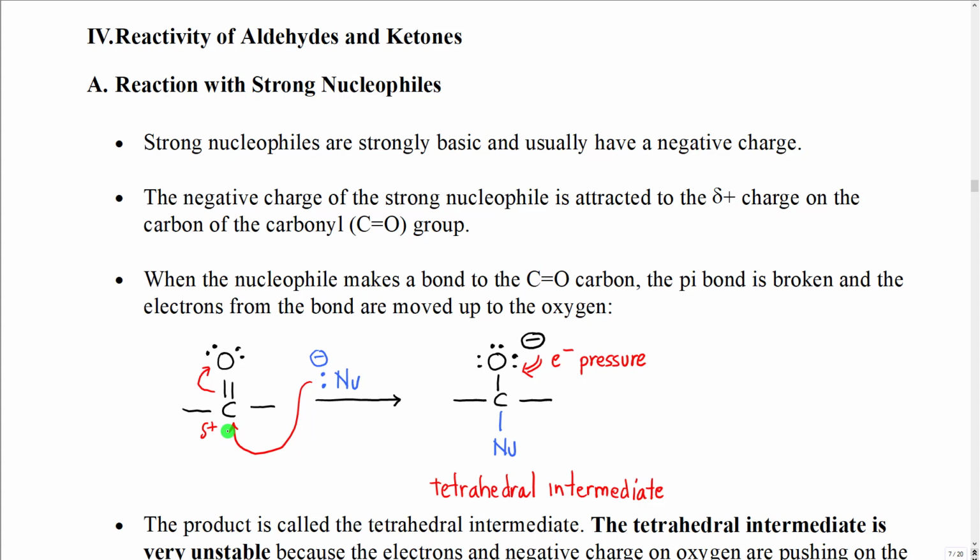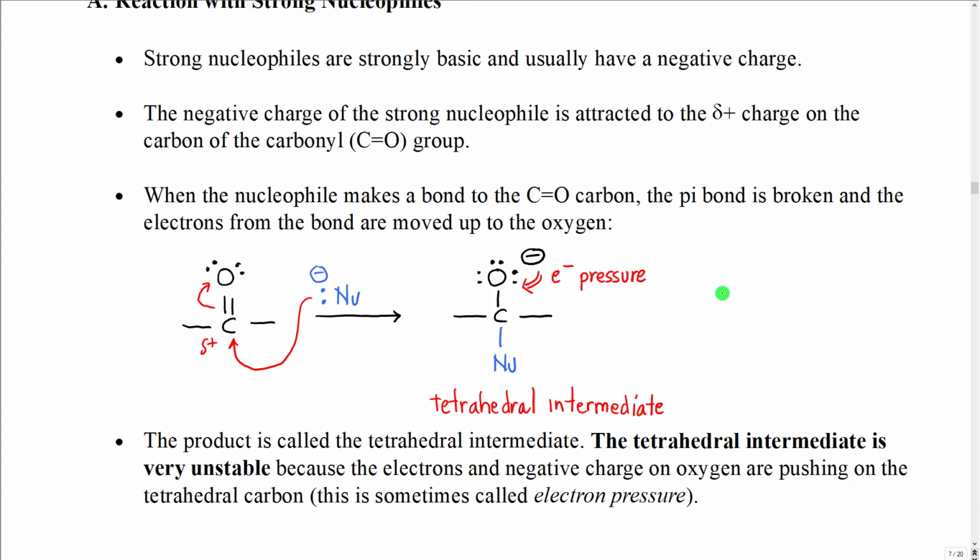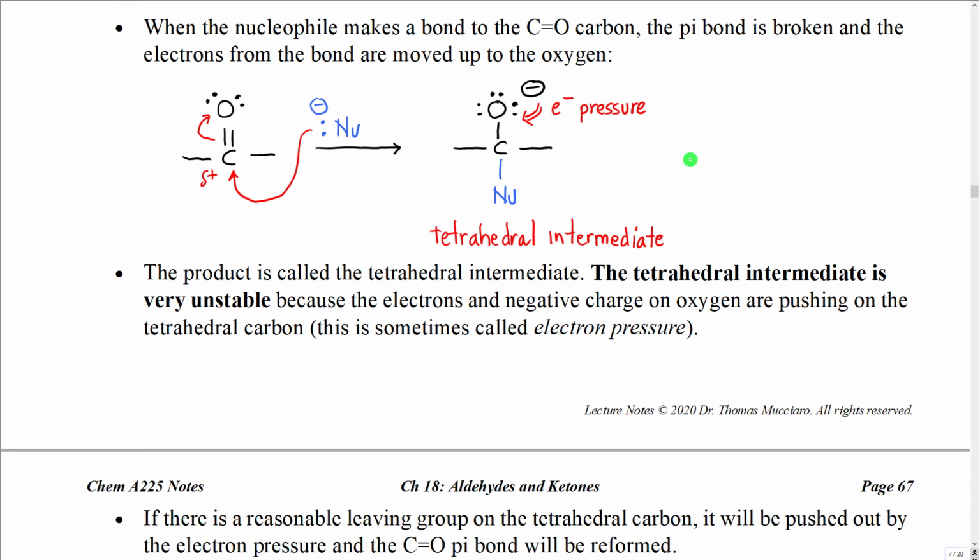When it makes a bond, in order to make room for this additional bond on this carbon, we're going to break the pi bond and push those electrons out onto the oxygen, so that we get an intermediate which looks like this. This turns out to be an extremely important structure in organic chemistry.